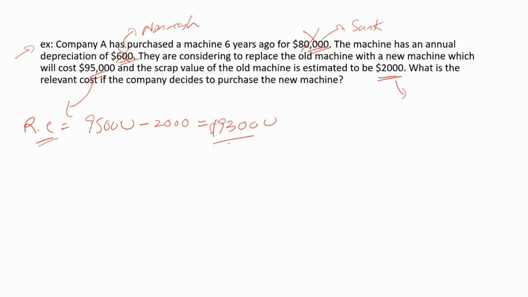This is a relevant cost. That is why we do not use the negative sign or parentheses. Cost implies that this is already a negative value. We use a negative value here because this is not a cash outflow. This is a cash inflow.